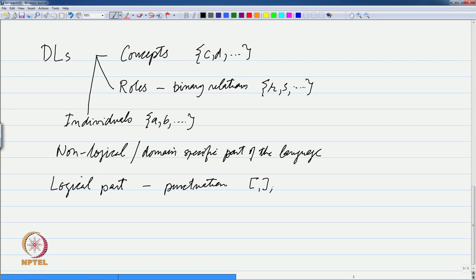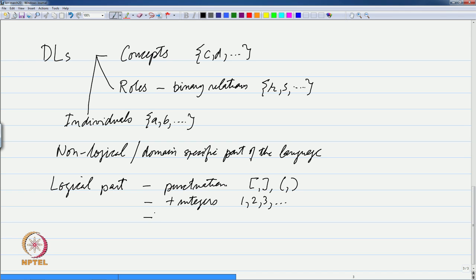Just like we defined first order logic by first defining an alphabet and then defining terms and then defining formulas and so on, we are also now defining this particular description logic essentially. So, you have punctuation symbols, then you have positive integers 1, 2, 3 and so on.